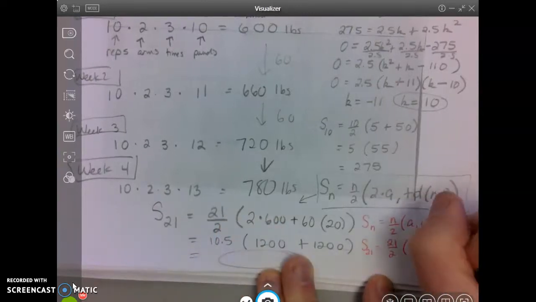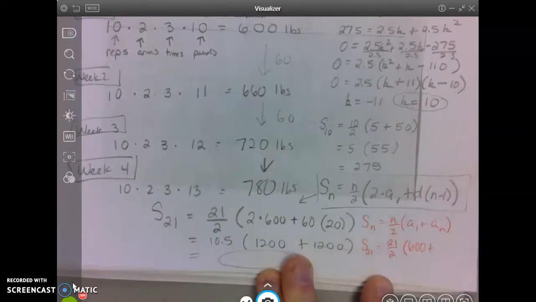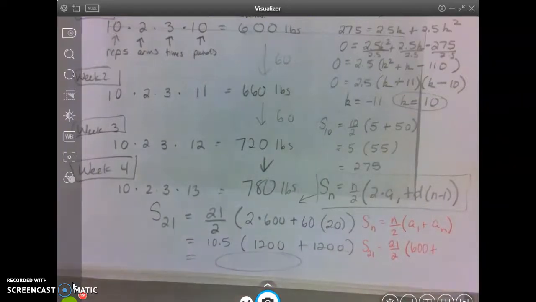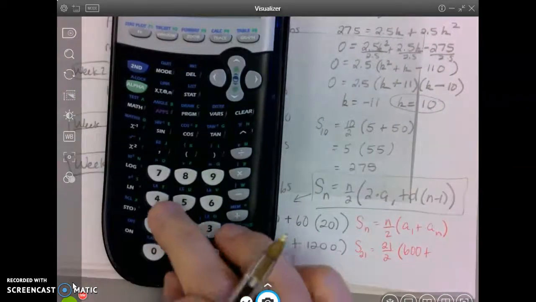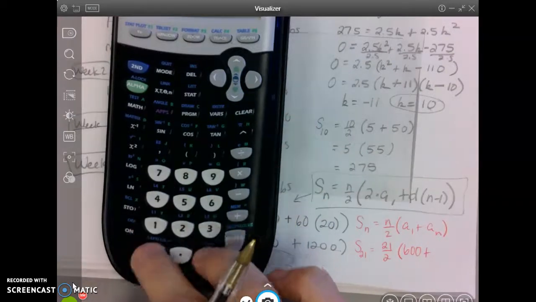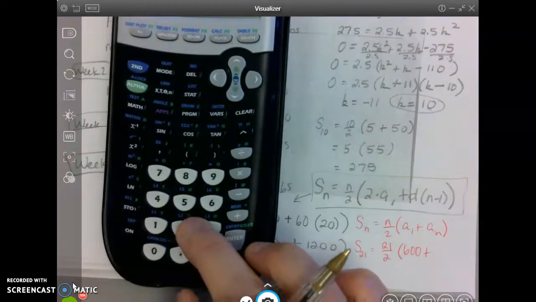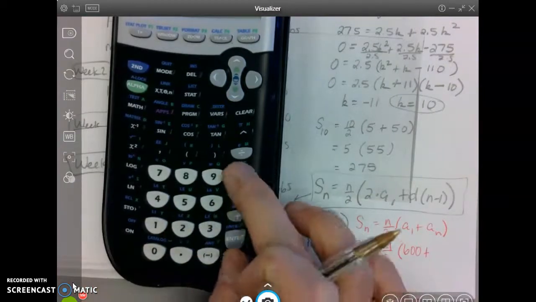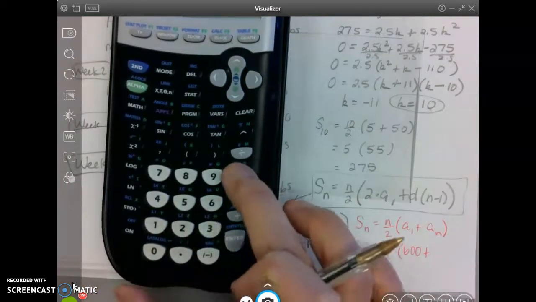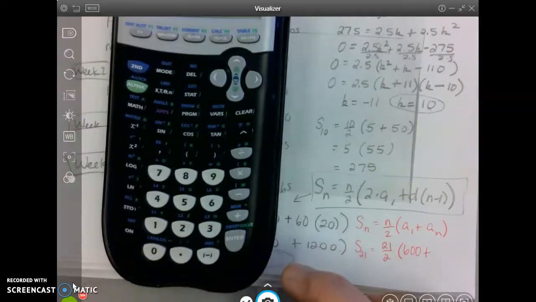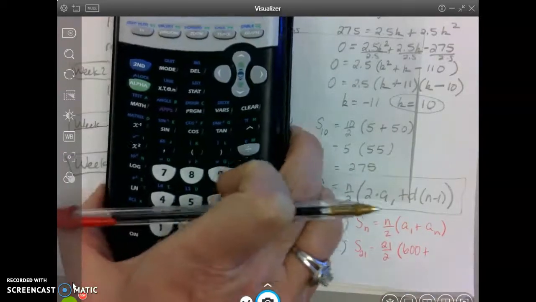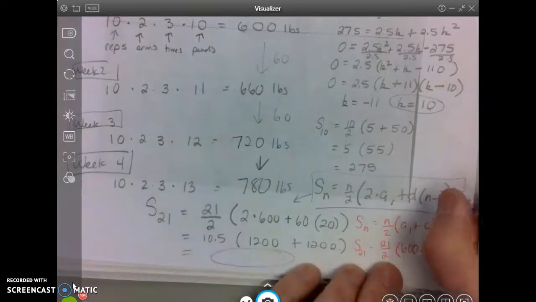I know he lifted 600 pounds the first week. And I know the last week he would have lifted 10 reps times 2 arms times 3 times the 30. The last week he would have lifted 1,800 pounds.